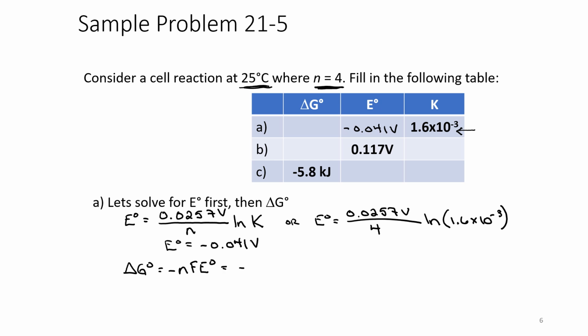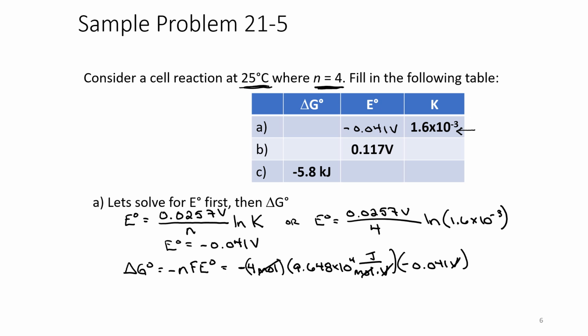So we've got negative 4 moles, that's our n from the problem, times 9.648 times 10 to the 4th joules per mole times volts, and then multiply that by our standard voltage, which is negative 0.041 volts. So the volts go away, and we're left with joules.